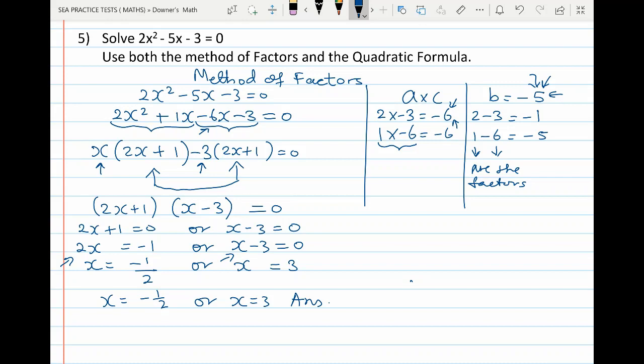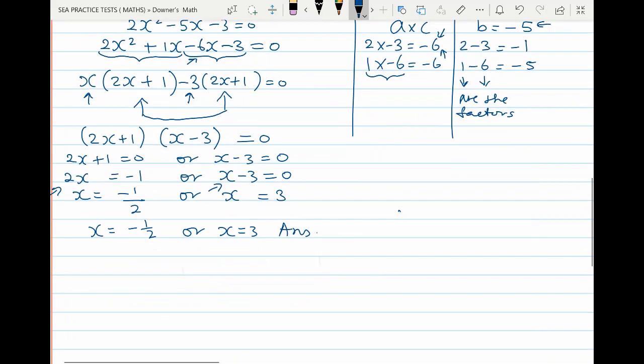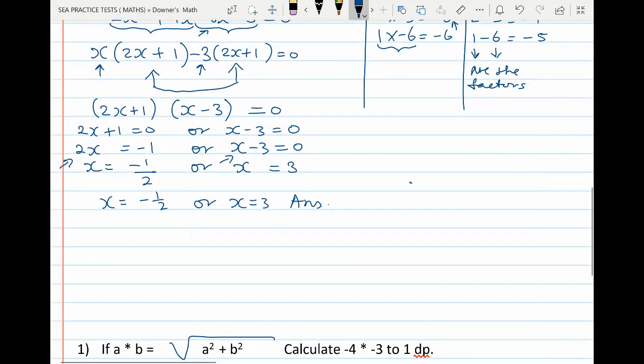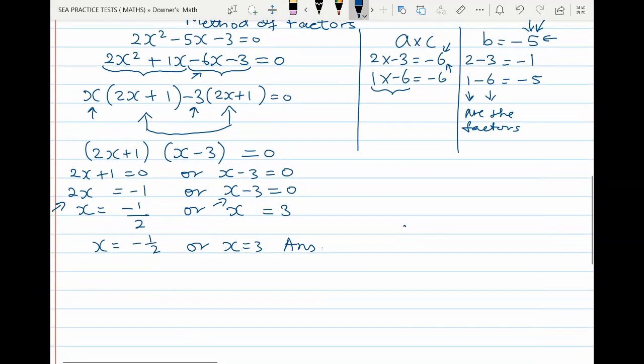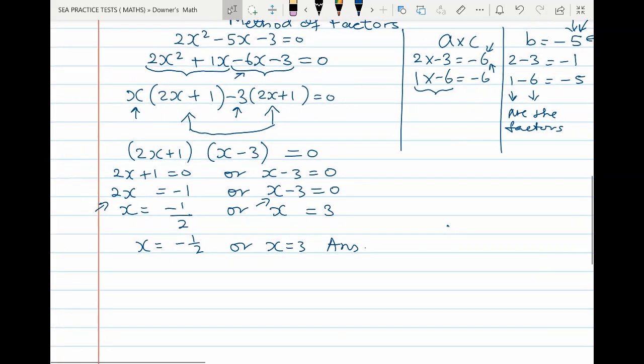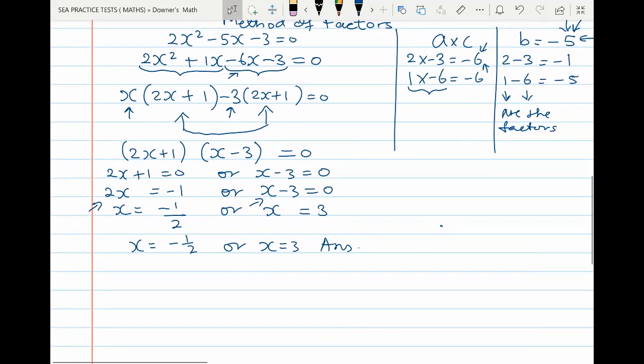The next thing we have to do is utilize the method of the quadratic formula. So we are going to look at that in part B of this question in a moment.